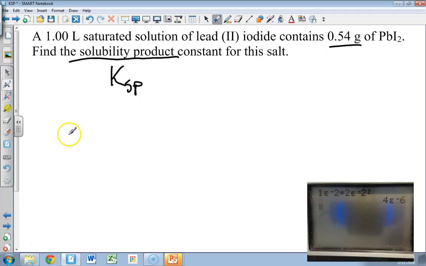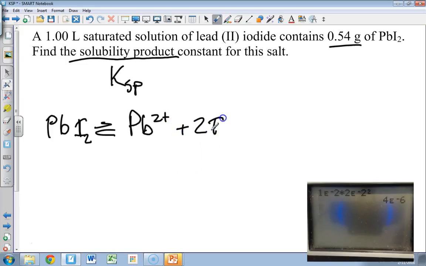Okay, so let's go. PbI2. In these sorts of Ksp reactions, they're always kind of the same. So lead iodide separates into lead 2 plus and 2 I minus. Both of these are aqueous, and this is solid.